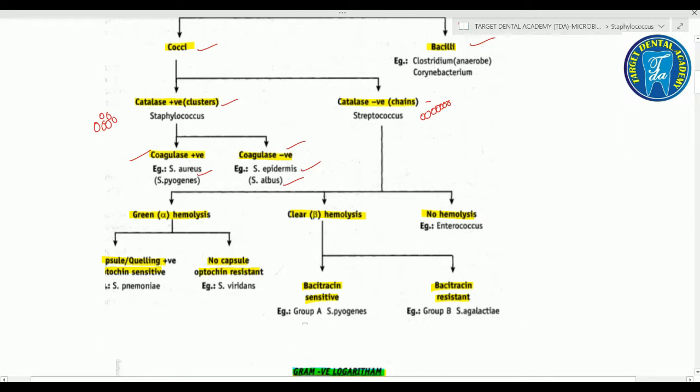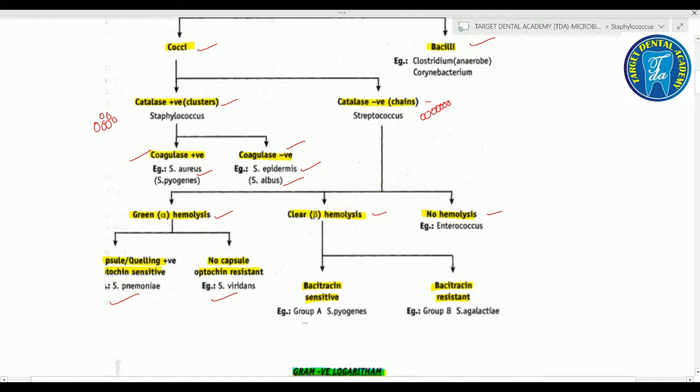They are of three types: the green or alpha hemolysis, the clear or beta hemolysis, and no hemolysis. In the green hemolysis, there is capsule present and no capsule present. Where there is a capsule, the example is Streptococcus pneumoniae, while where there is no capsule, there is optochin resistance, and the example is Streptococcus viridans.